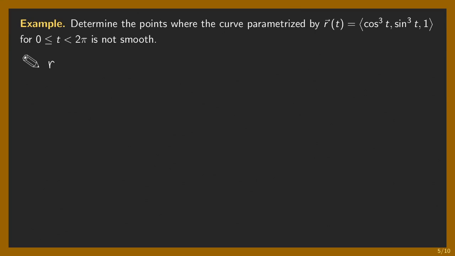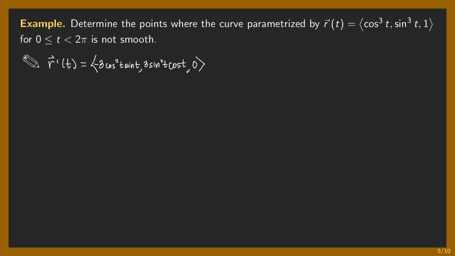So first, let's calculate r prime of t. r prime of t in this case is 3 cosine squared t times the derivative of cosine t, which is minus sine t, comma, the derivative of sine cubed t, that's 3 sine squared t times the derivative of sine t using the chain rule, which is cosine t, and then the derivative of 1 is 0.